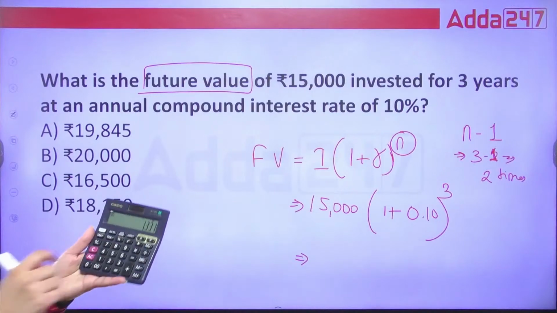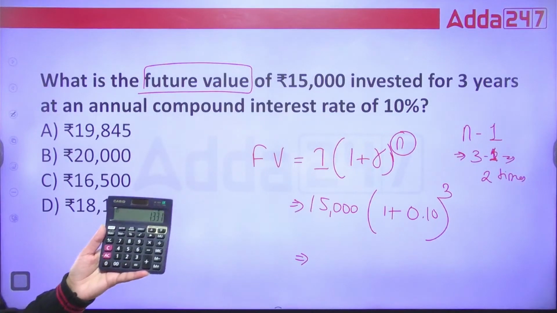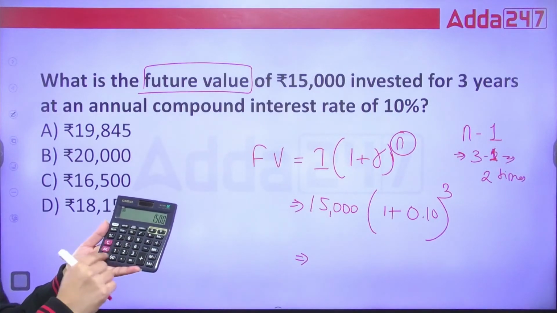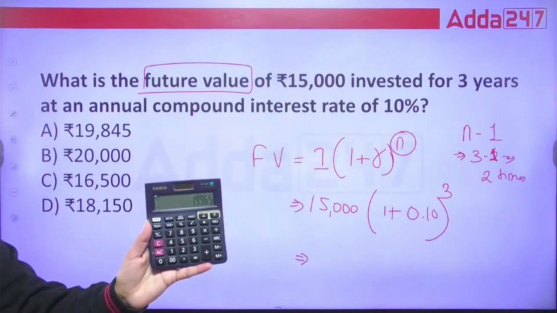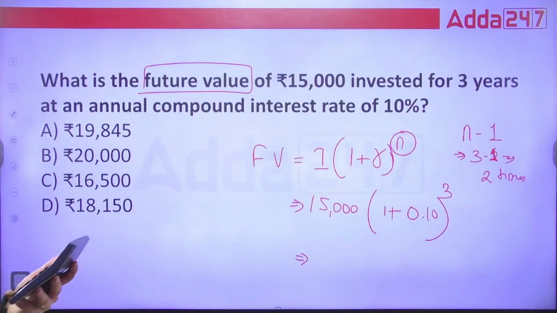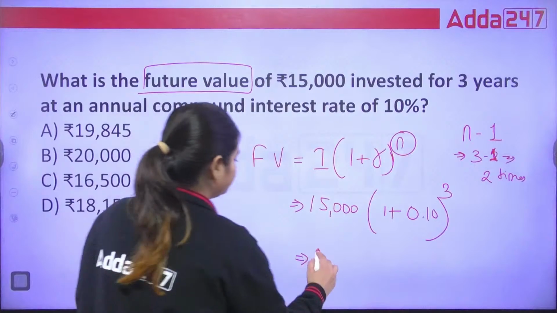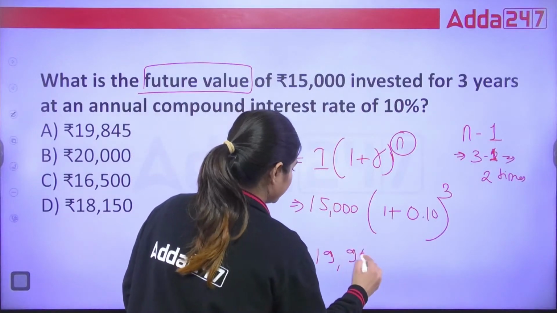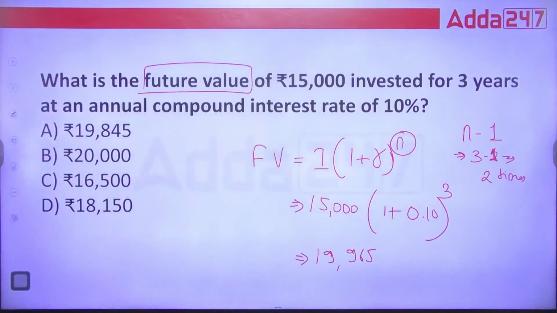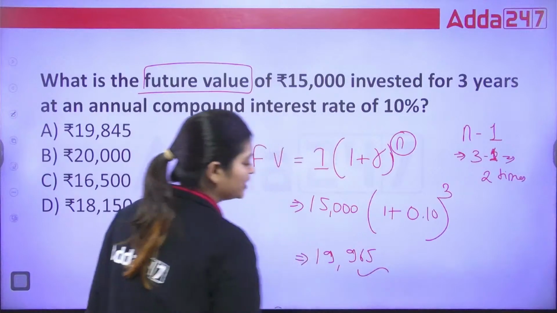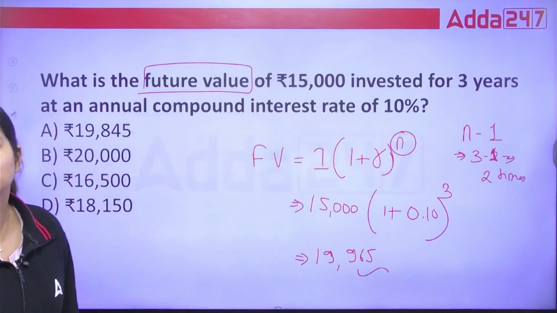Whatever amount you get, you need to multiply with 15,000. That is 19,965. As you can see, there is no such direct answer, but you can round off to the nearest 100.